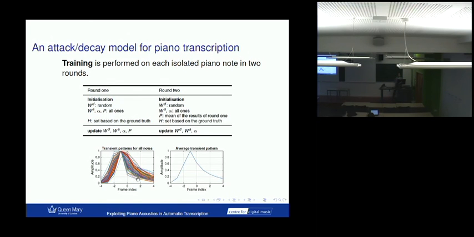We want to reduce the number of parameters, and also reduce the potential of overfitting, so we use the average transient pattern. Then for round 2, we set the transient pattern by these results, and H is also initialized by the ground truth, then update all other parameters.